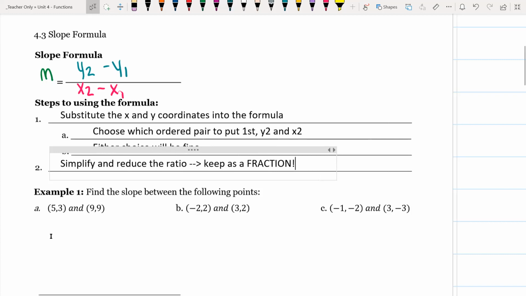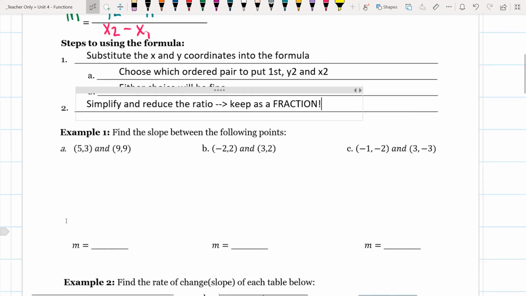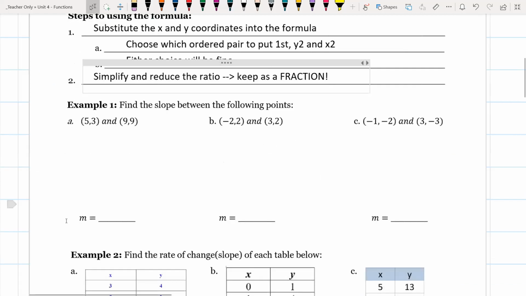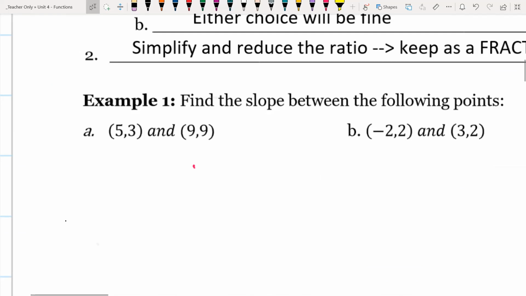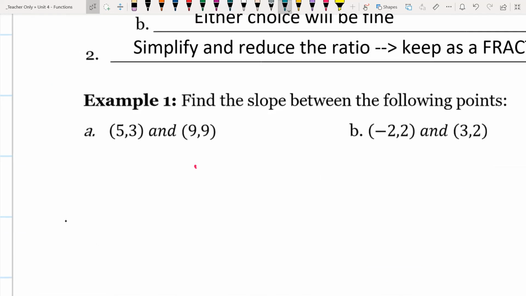Okay, so let's do example 1. Let's do the first one together. I generally label each ordered pair as x1, y1. I'm going to do that in a different color. And then the next one I just label x2, y2.